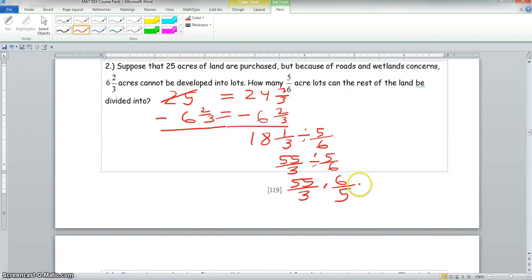Now, we could take the prime factorization of 55, which is 5 times 11, and the prime factorization of 6, which is 2 times 3. 3 is prime and 5 is prime. So now we have one set of 5s in common, and we have one set of 3s in common. So this will give us 22 over 1, and our final answer is 22.